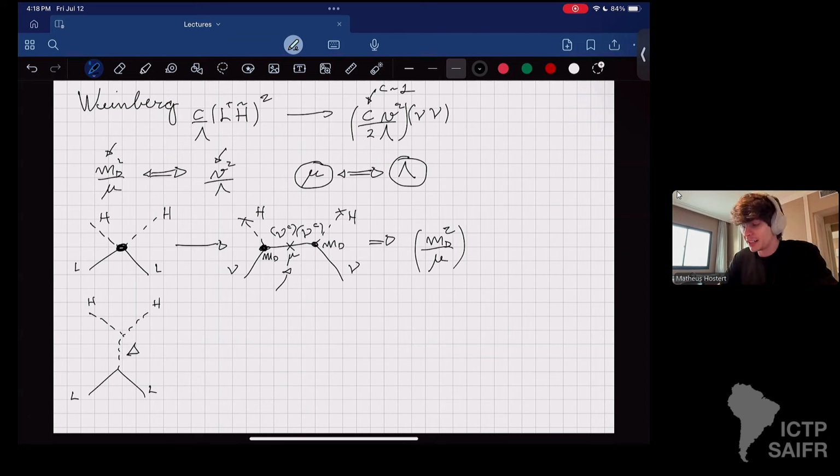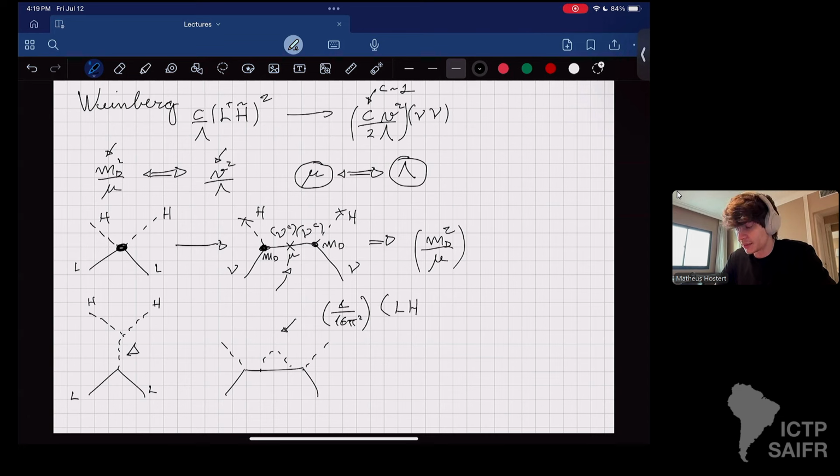You could also imagine models that generate the Weinberg operator at higher loop orders, for instance, things that look like that. And the advantage of these models is that they still give rise to the Weinberg operator, but they come with factors of 1/16 pi squared times the Weinberg operator.